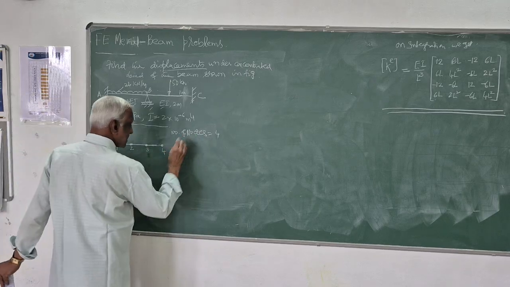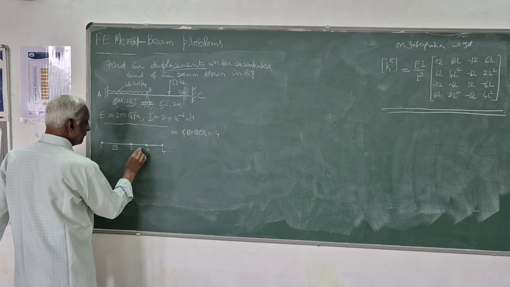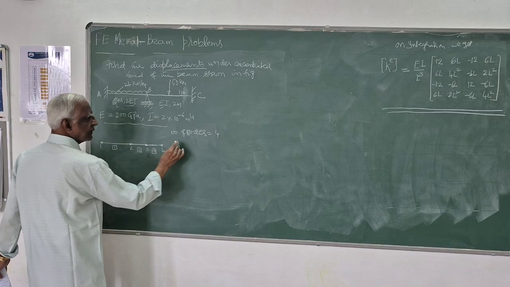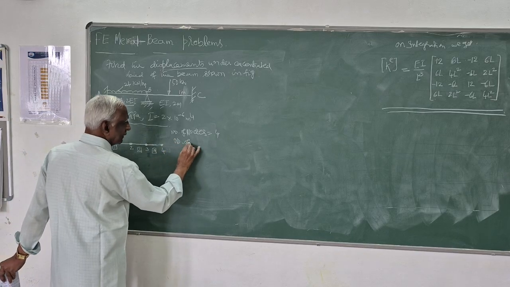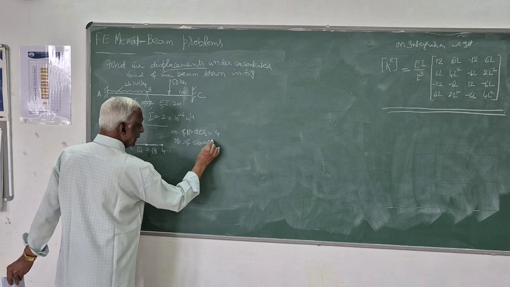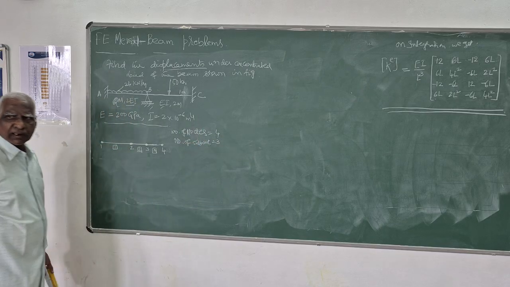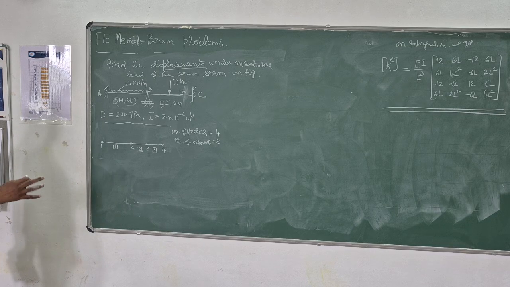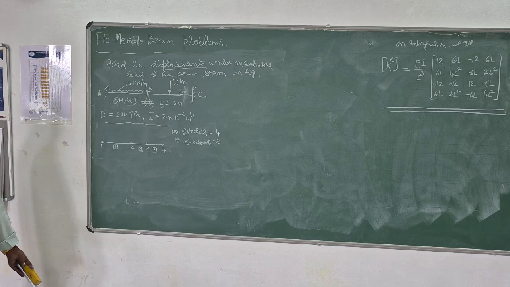So the number of nodes is 4 and the number of elements now comes to 3, not just 2. Number of elements equals 3. Because in the isoparametric idealization, we have 2 varieties: superparametric element and subparametric element.